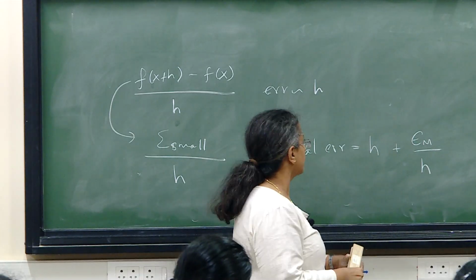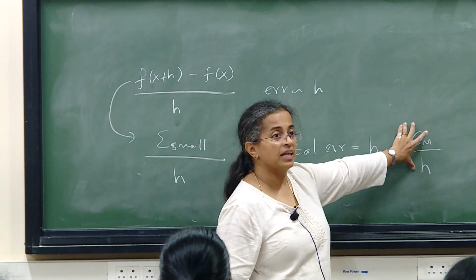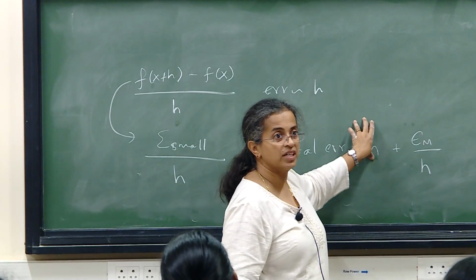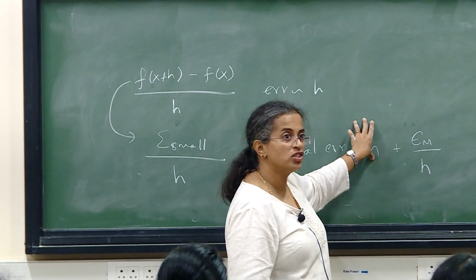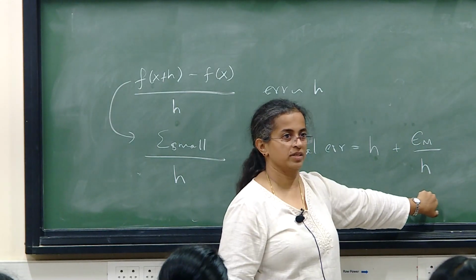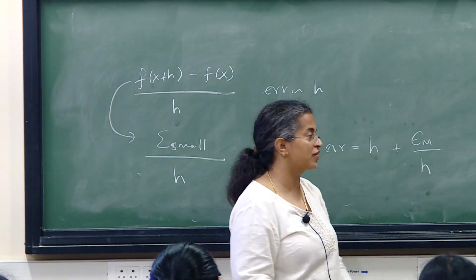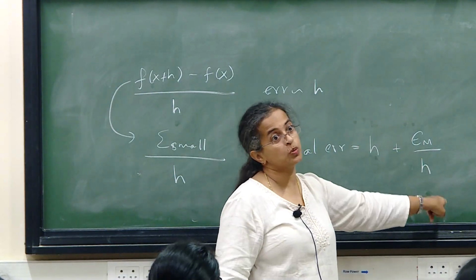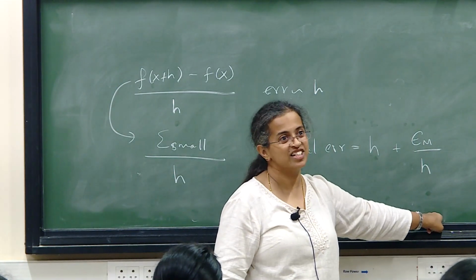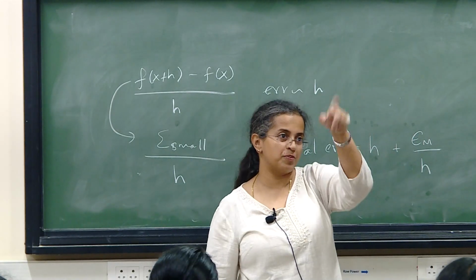As h is large, the second term can be neglected and your error is of size h. As I decrease h, this error grows and will start to dominate at some point, and that's what we saw. If it was central difference, the algorithm error would be h squared, but the round-off term would still be epsilon over h. That doesn't change. So you would have h squared plus epsilon over h.